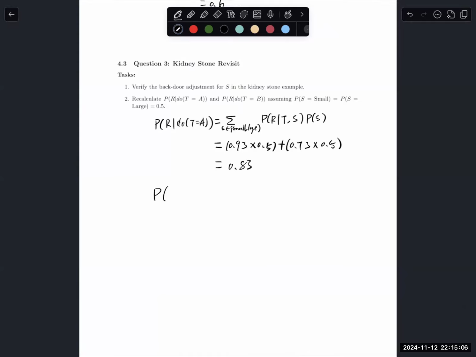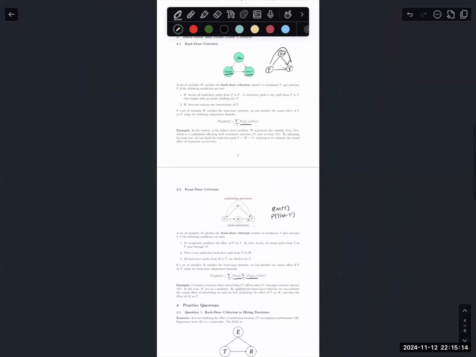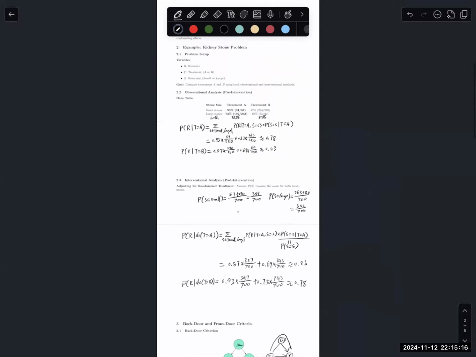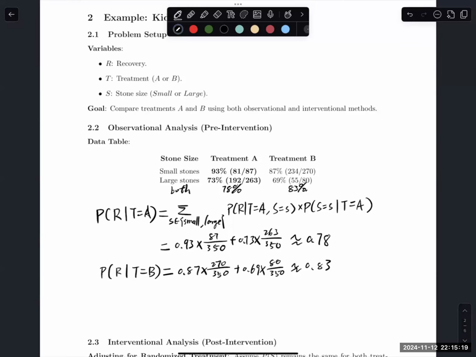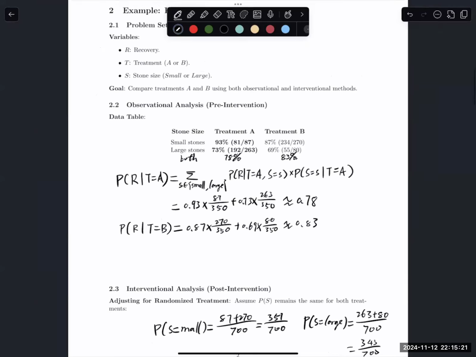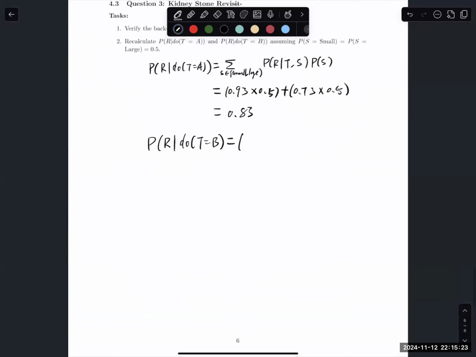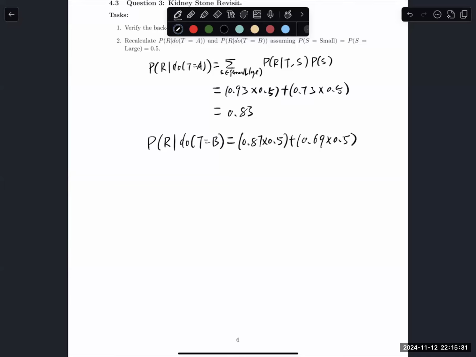We need to do the same thing for the recovery given the treatment B, which is 0.87 times 0.5 plus 0.69 times 0.5, which is 0.78.